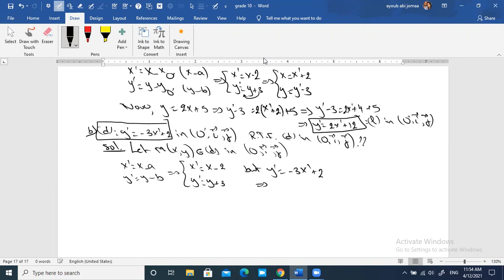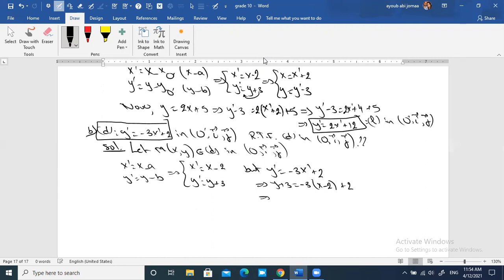It means that y plus 3 is equal to negative 3 times x minus 2, plus 2. In place of y prime we put y plus 3. Replace x prime by x minus 2.